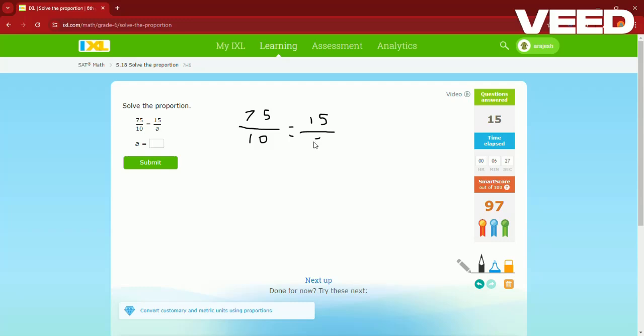This is what you should have. Now notice here that if we were to bring this to this side, you would have to multiply by 5, because if we know our 5 tables, 5, 10, 15, 20, and so on, we know that 15 times 5 is 50 plus 25, so that would be 75.